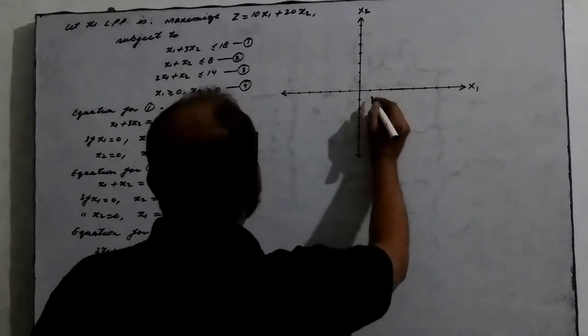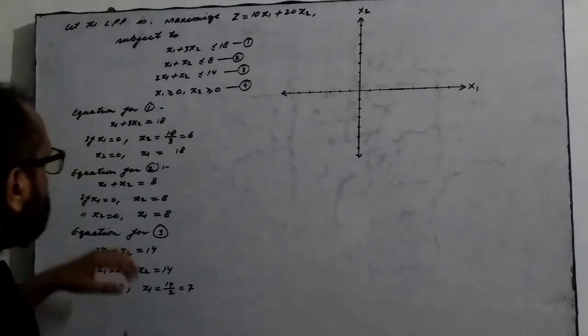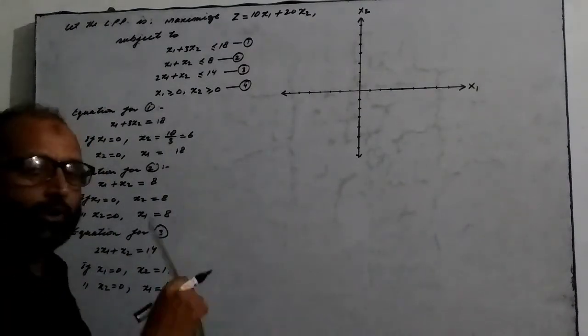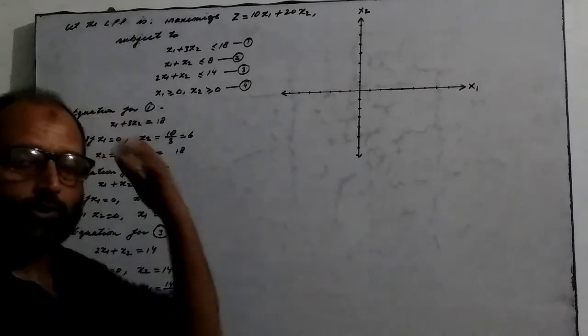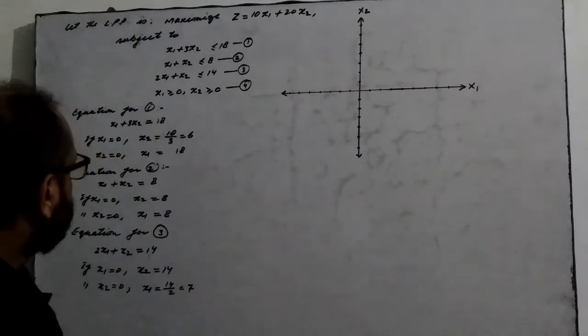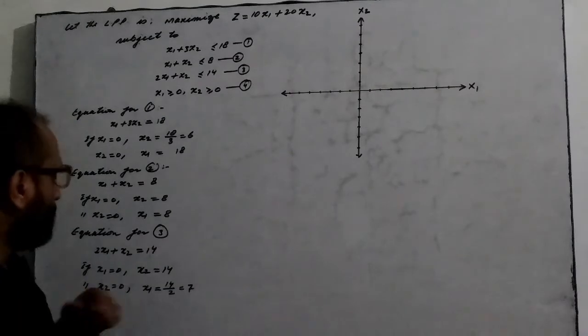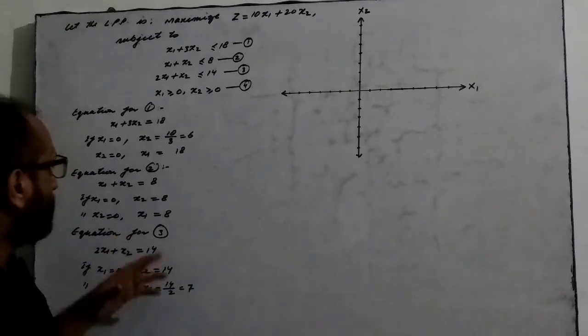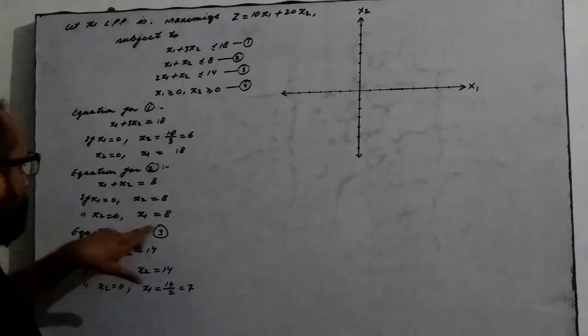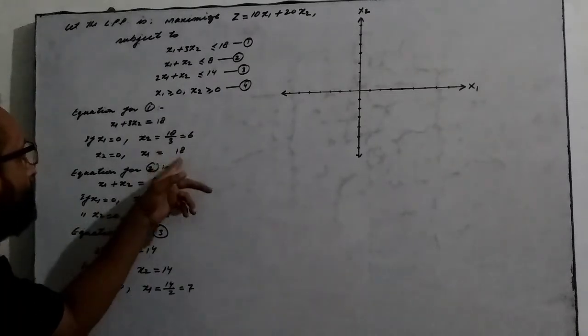Among all these equations we have found different values of x1 and x2. First we observe which is the greatest value of x1. Here the value of x1 is 18, here it is 8 and here it is 7. So the maximum value is 18.